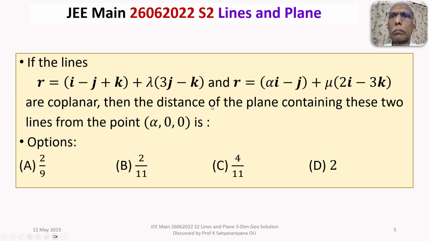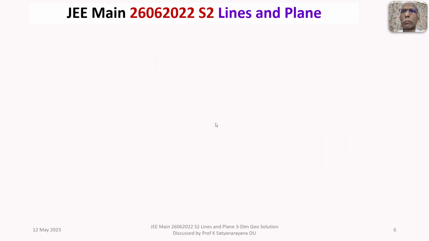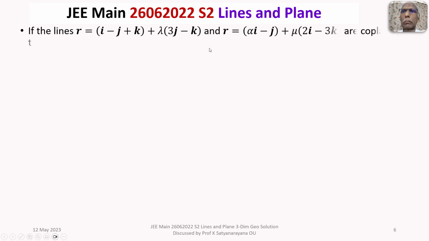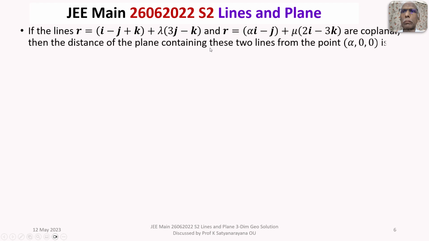Then we have to find the distance of the plane containing these two lines from the point alpha, 0, 0. That is the given question to us. We now discuss the solution of the problem in detail.